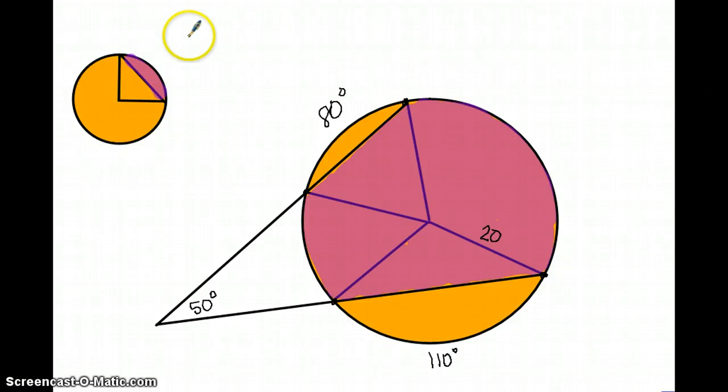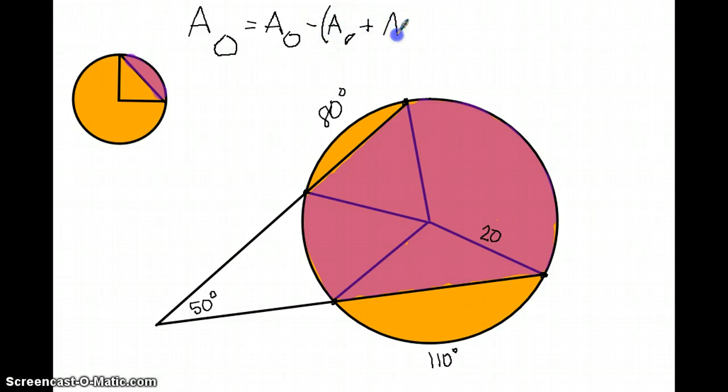The plan for area of, and I'll make a little subscript that looks like what we're trying to find, the area of that shape, is going to equal the area of the circle minus the area of segment 1 and the area of the lower one that looks like that.